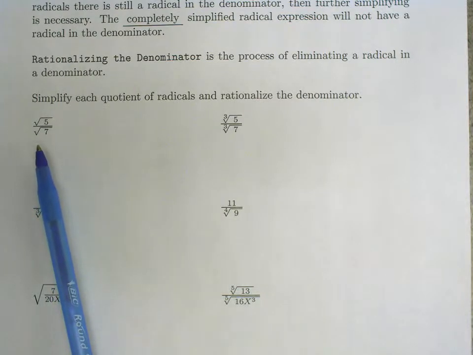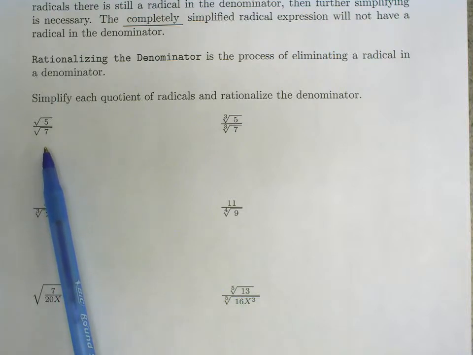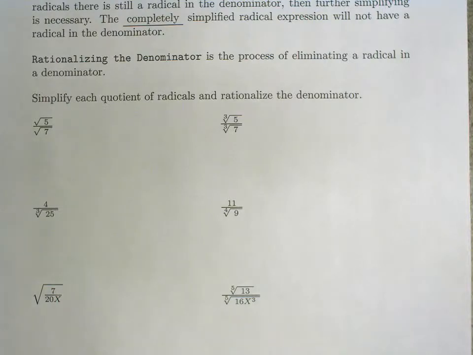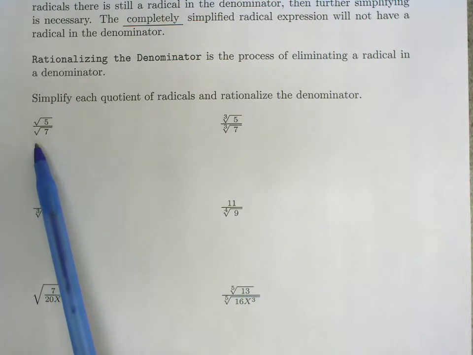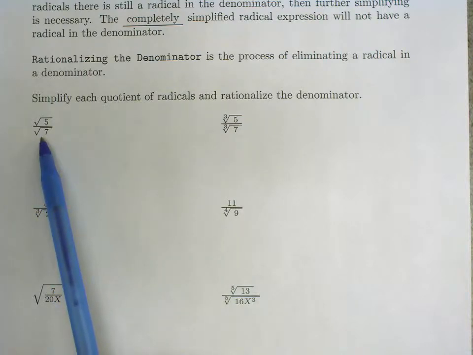But we need to be able to find a number that's equal to this number in value, but whose denominator does not have a square root in it. Okay, so what we do, if the denominator has a square root in it that's already simplified, the square root of 7 is as simplified as it can be.